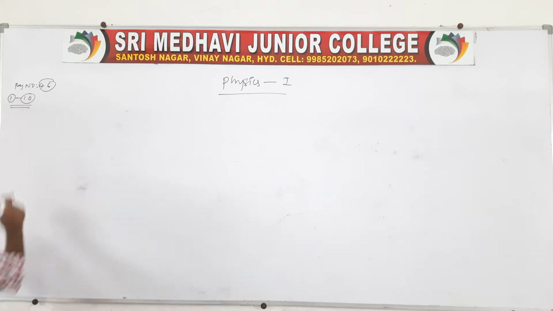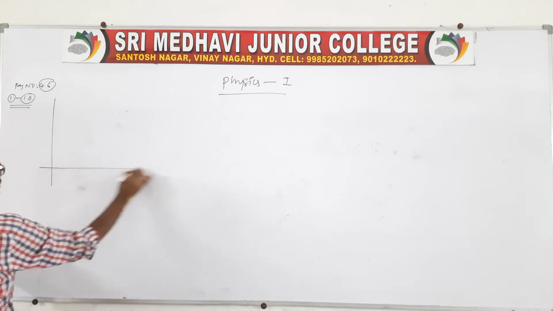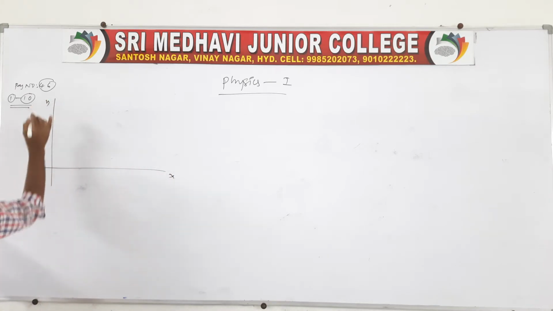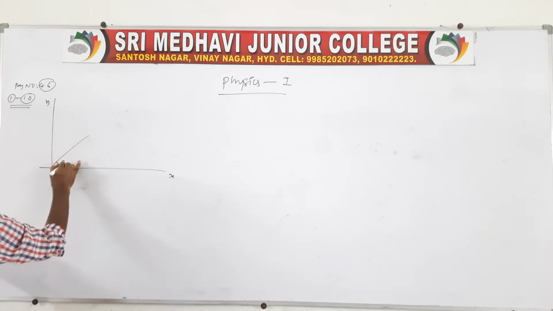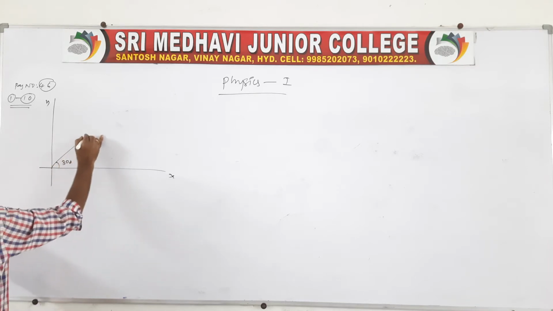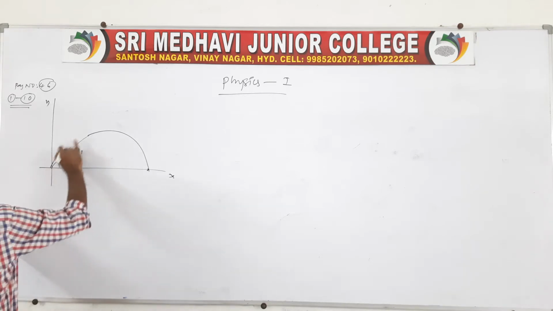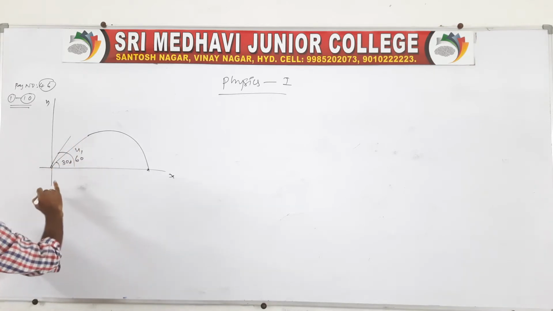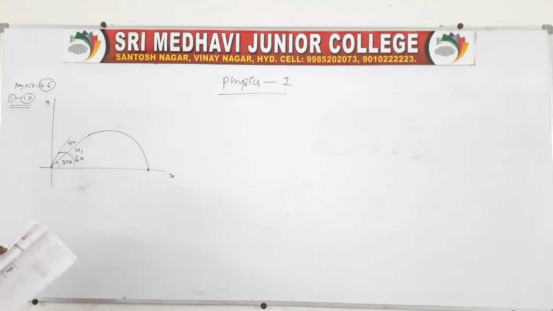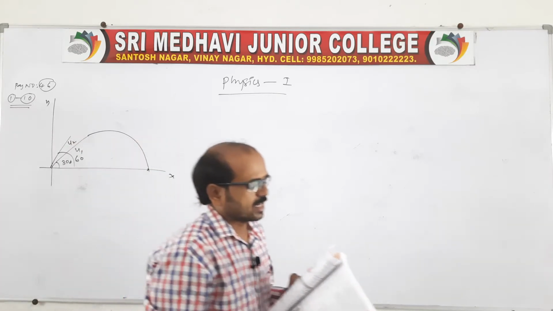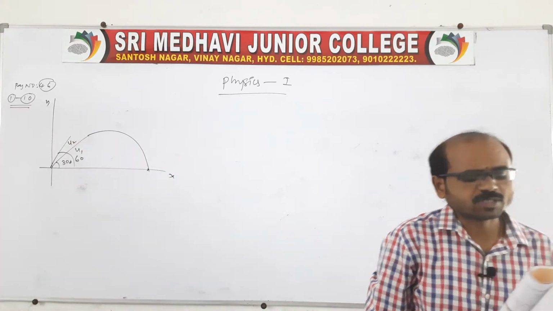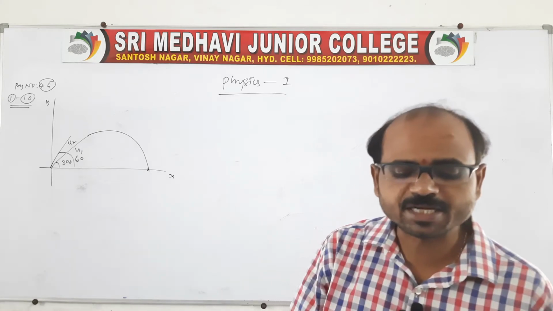Take two balls projected in two dimensions. One is projected with an angle of 30 degrees with velocity u1, and another is projected at 60 degrees with respect to the horizontal. What is the ratio of their initial velocities?